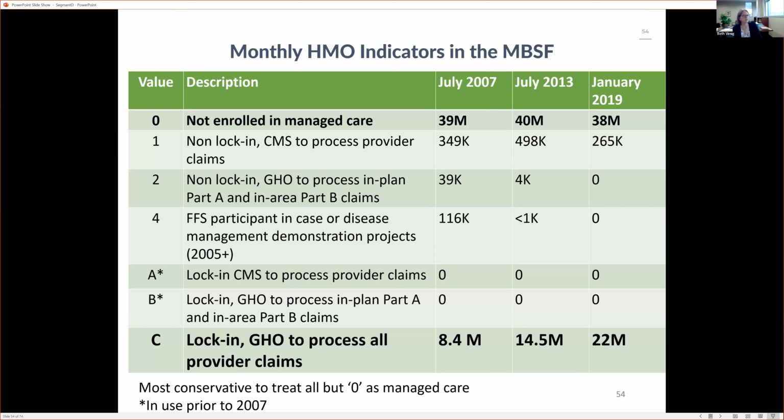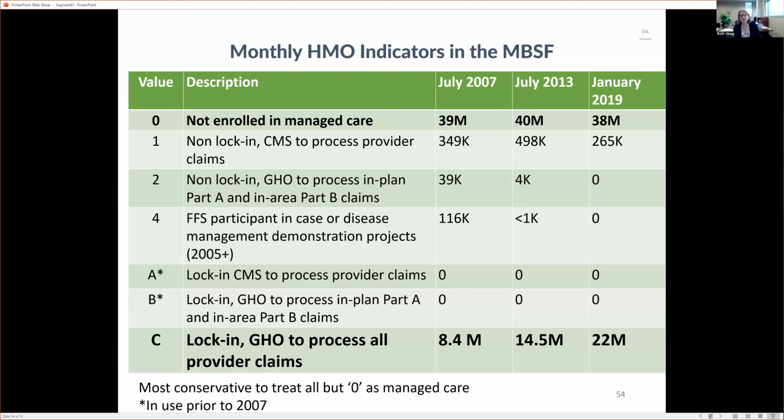And then we've got all of these CMS to process claims, and you notice that's going down from 500,000 in 2013 to 265,000. And then we've got other sort of weird categories that aren't really used anymore, but the values will show up in the database in the record layout. And then we've got Cs, which are lock-in group health organization to process all provider claims.